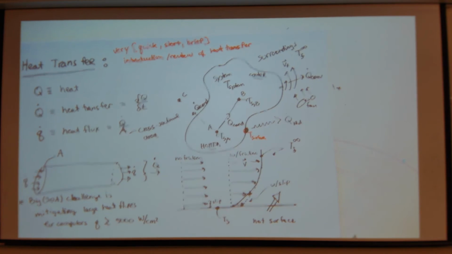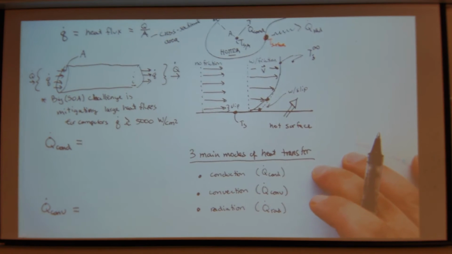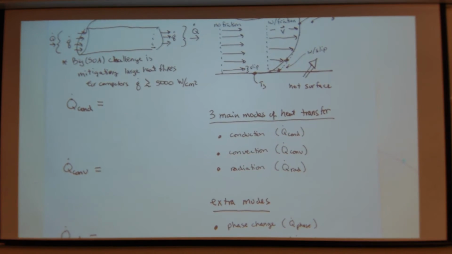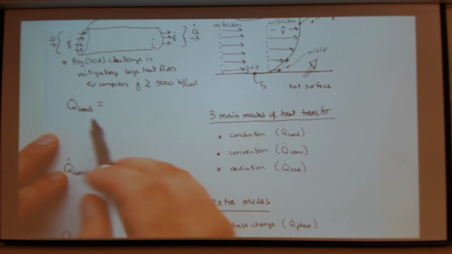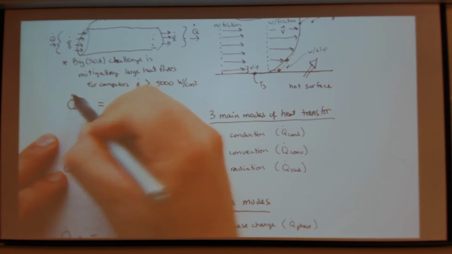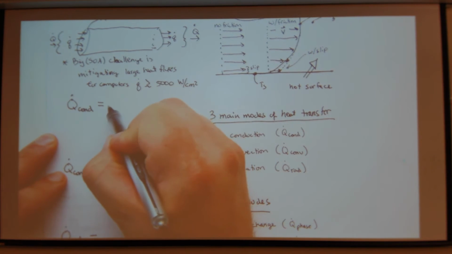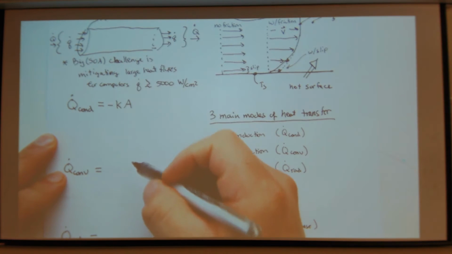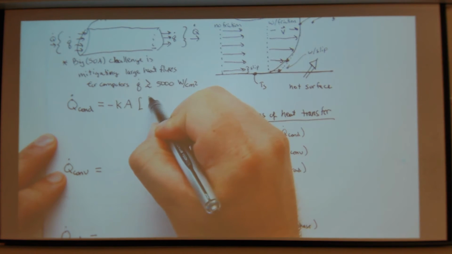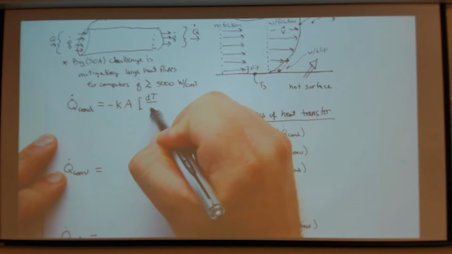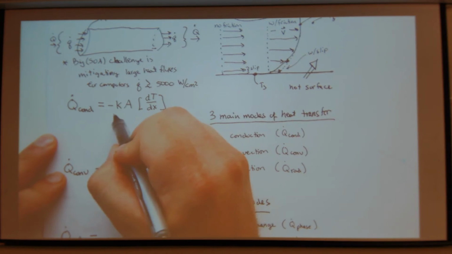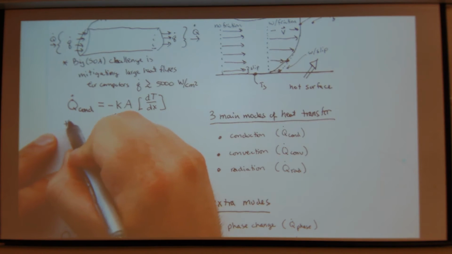So in equation form, let's write these out. Heat transfer due to conduction is minus, in equation form, k, where this part here is the thermal conductivity.